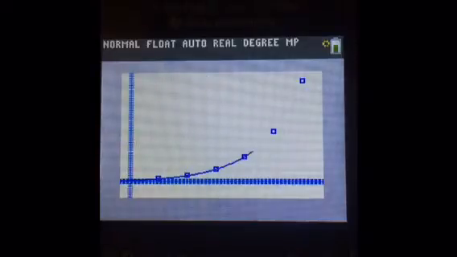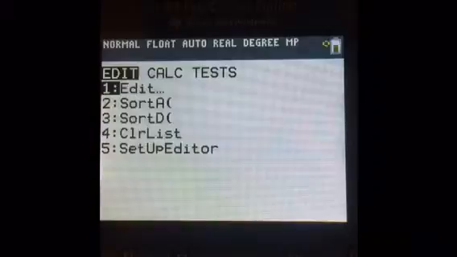And this line looks like it fits our data. So there we go. We have found the line of best fit for this data set.